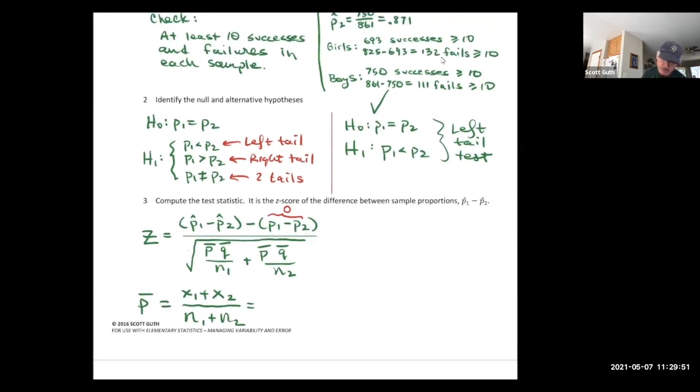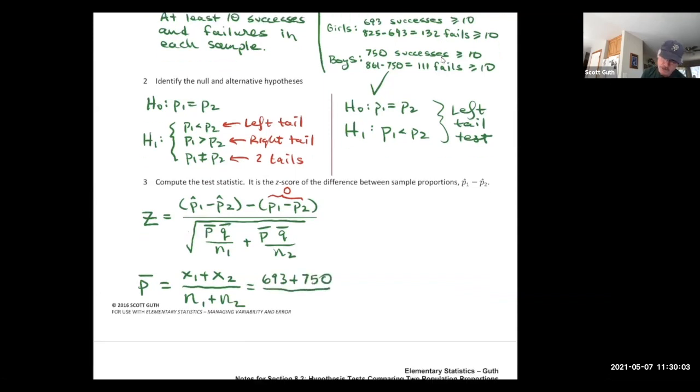So the number of girls allowed to go is 693 plus the number of boys 750, over the total number of children, 825 girls plus 861 boys.